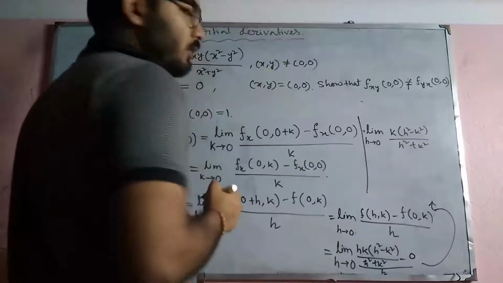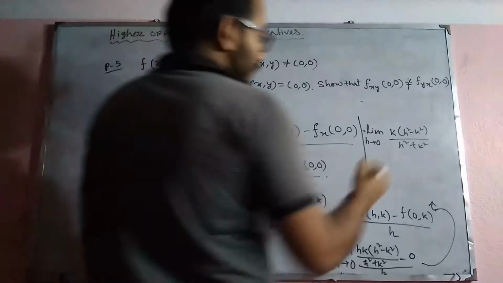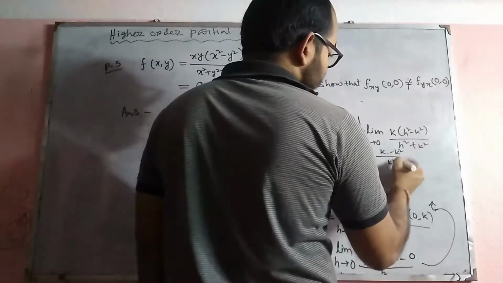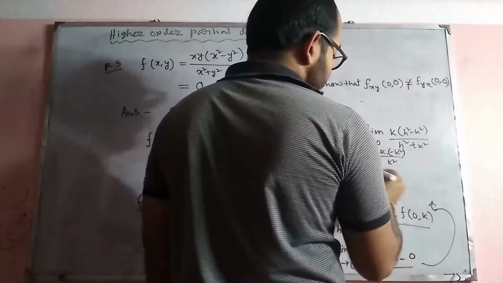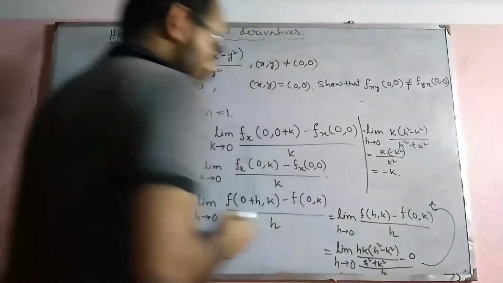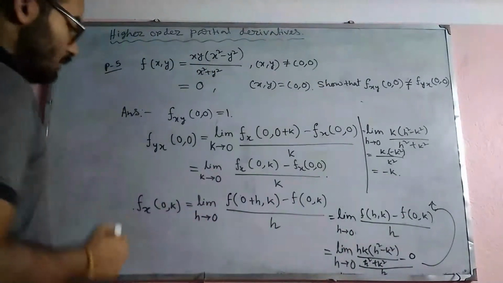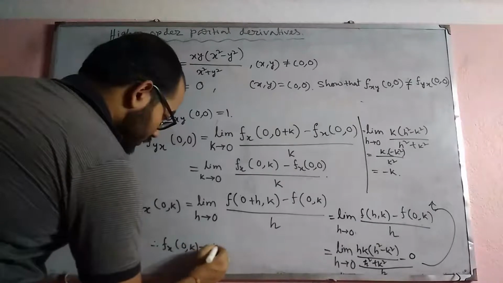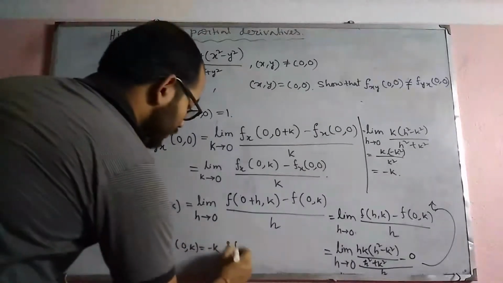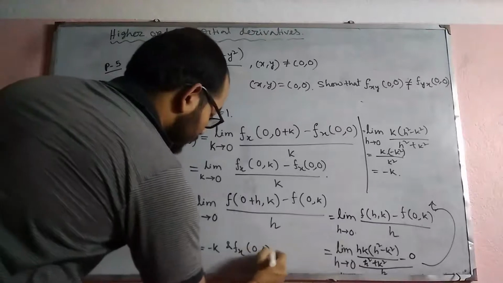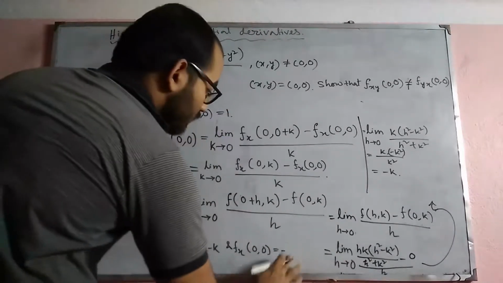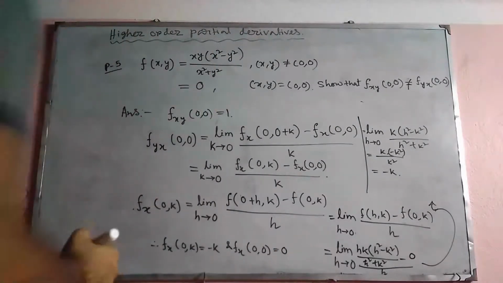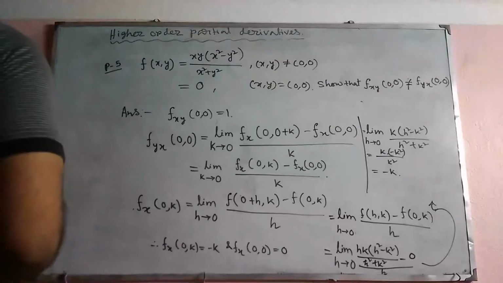And if we apply the limit h tends to 0, then we have k into minus k square by k square. So f x of (0, k) is equal to minus k.